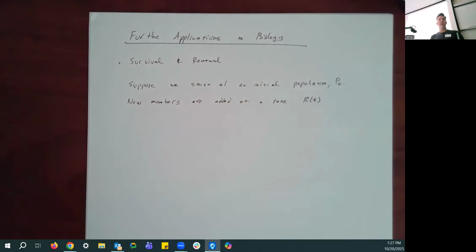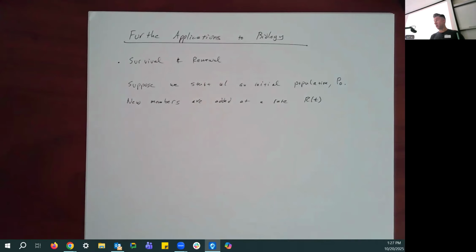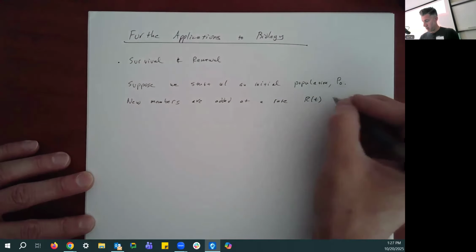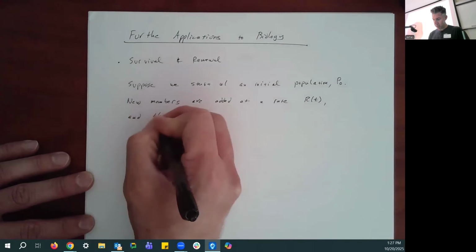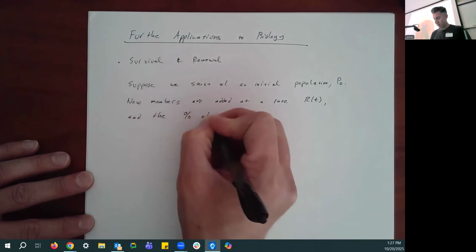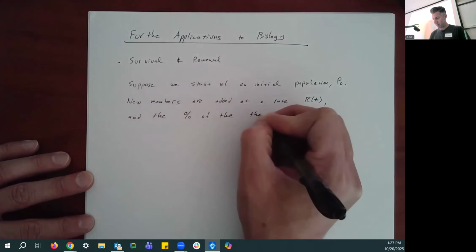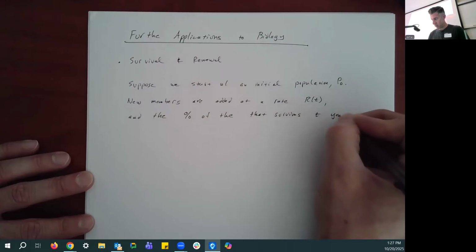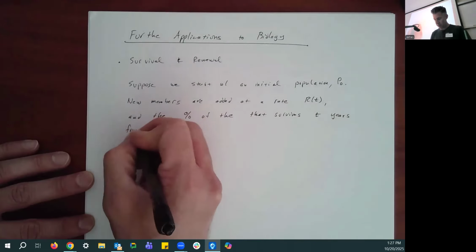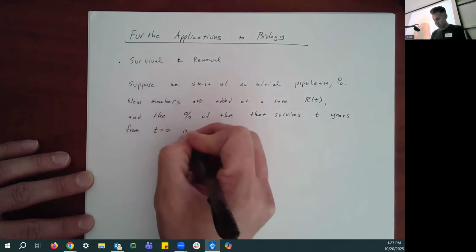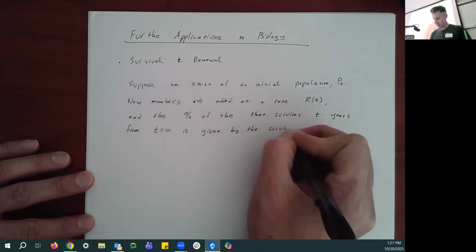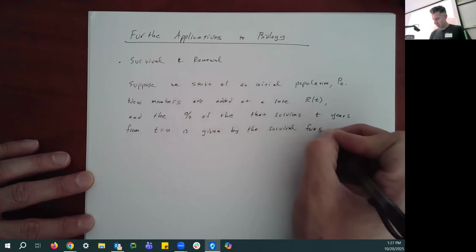R of t could be a function of time. It could be a constant, which I guess technically is still a function of time, just not one that's changing. So you're going to have some function of time. That's how we're going to add new members. And then the percent of the population that survives t years from now, or from time equals 0, is given by the survival function, which we denote as S of t.